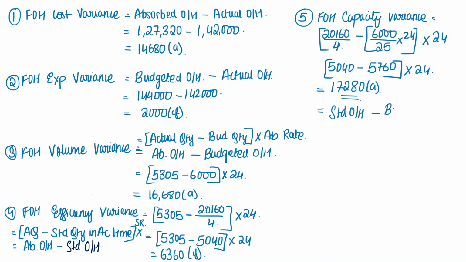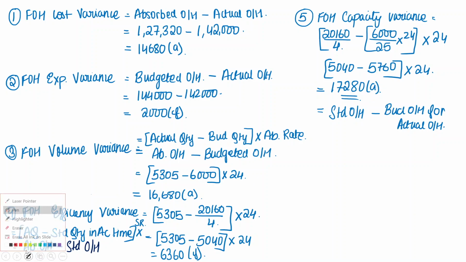So budgeted overheads for actual days. Now tell me one thing. If the number of days were not given, this and this would not have been there. I would have directly taken 6,000 into 24. Am I right? I wouldn't have reduced my budgeted capacity.